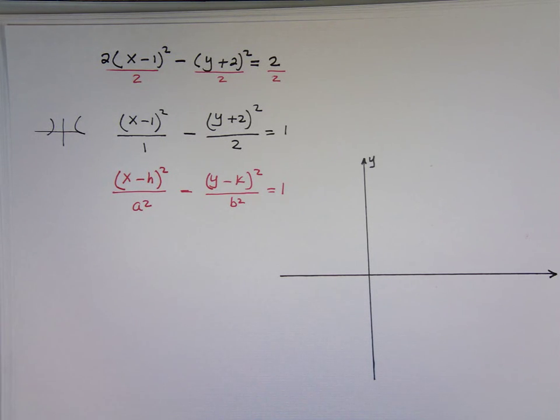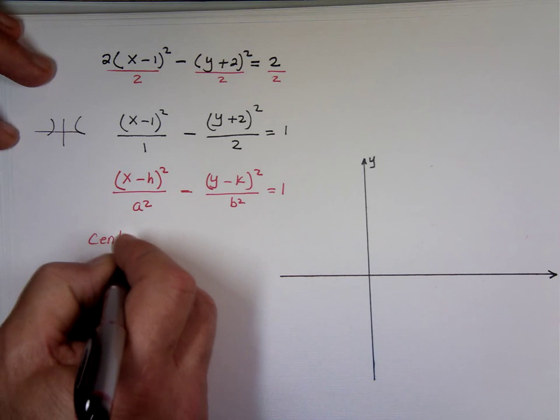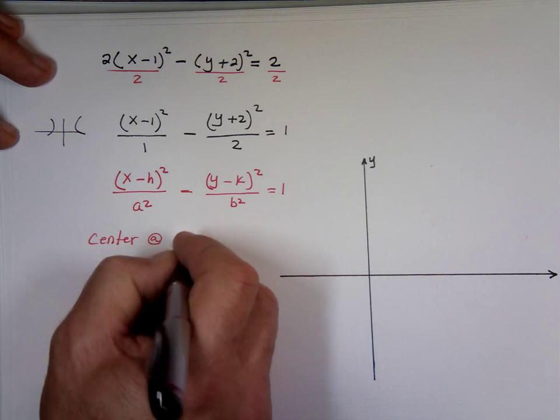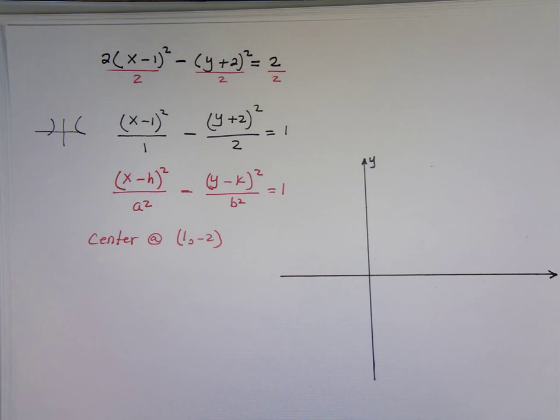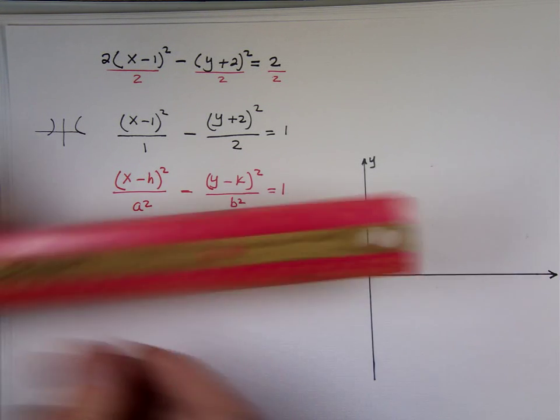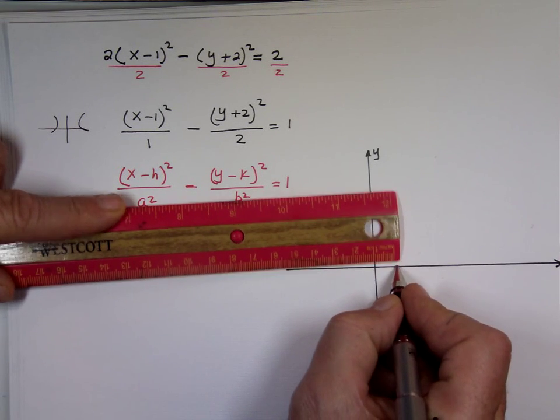So let's see. Where's the center going to be located? 1 comma negative 2. So again, let's move our center to 1 comma negative 2. Here's 1, and down 2.